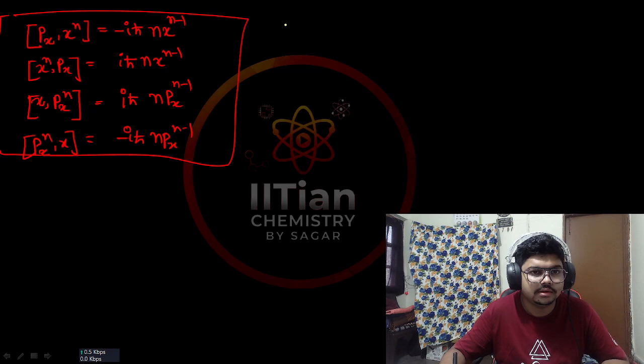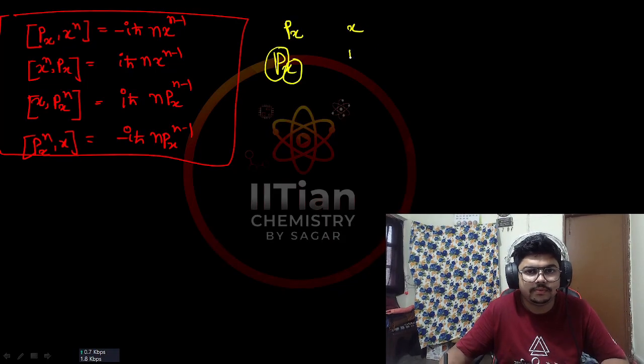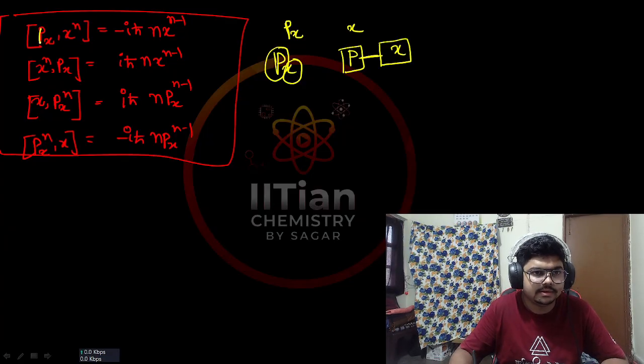When you write px, first comes p, then you write x. If first comes p and second comes x, then it is minus.